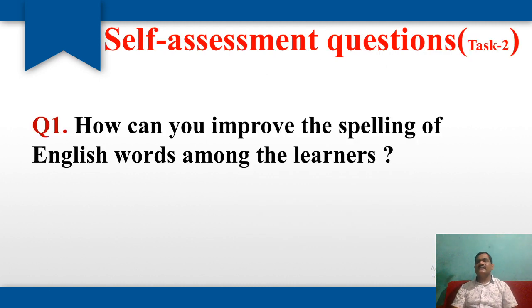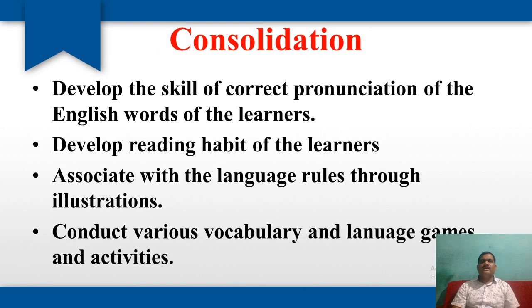So there is a self-assessment question for you. The question is, how can you improve the spelling of English words among the learners? Yes, my dear students. Okay. So we can consolidate here that first we have to develop the correct pronunciation of the words. If our students are pronouncing the words correctly, definitely their spelling will be correct, because pronunciation contributes to spelling. Then the reading habit of the learner should be developed.